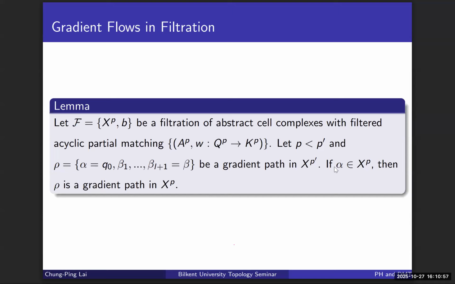If the first cell of the gradient path is in a certain P frame, where P is less than P prime, then the entire gradient path will be at a lower frame. The reason this is significant is that the gradient path also respects the filtration really well. You just need to look at the first cell of the gradient path, and the gradient path will behave nicely.